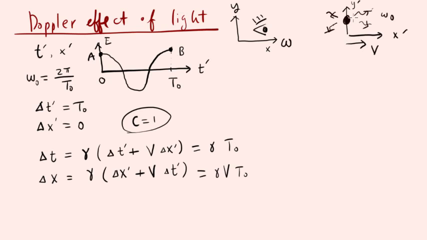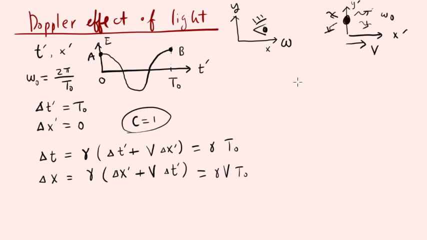Those two events happen at the same position in the prime coordinate system, but if we were observing this light source and the light coming out from it in this rest frame, then event A and event B clearly happen at different positions.